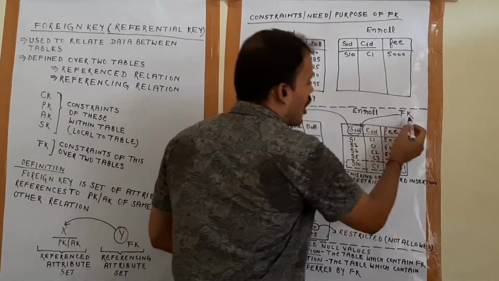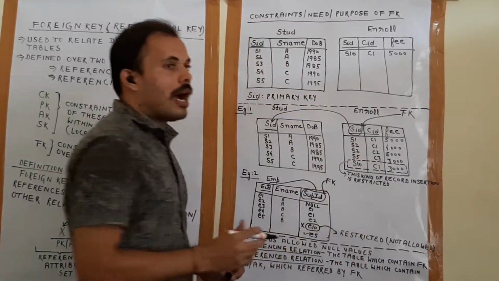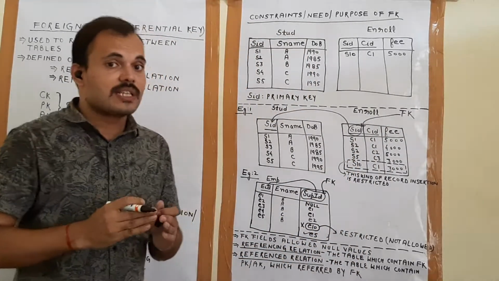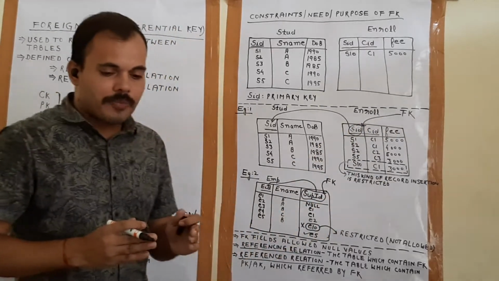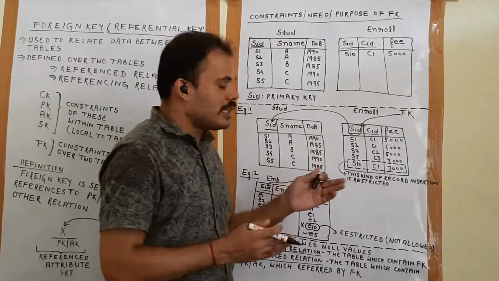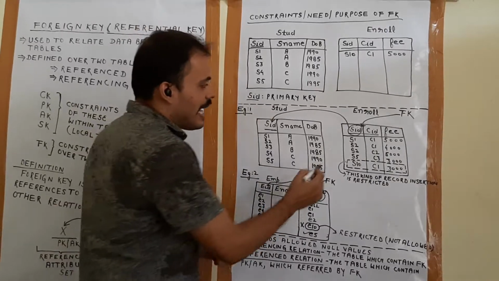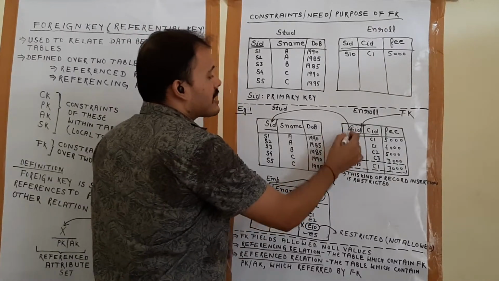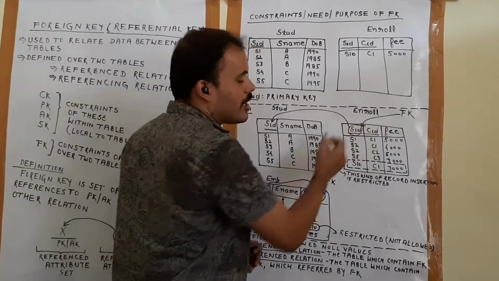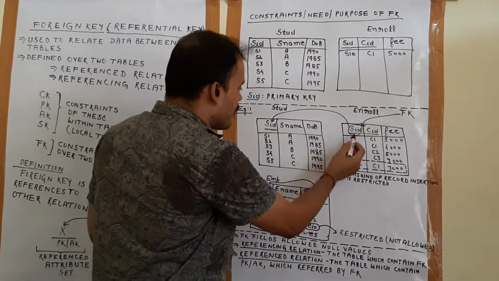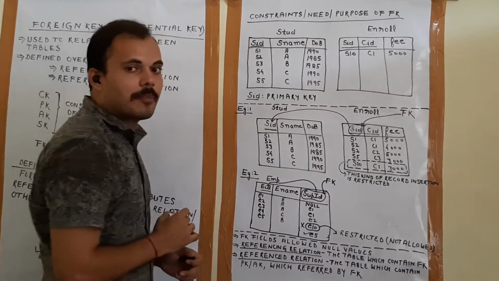SID is the foreign key, and what are the constraints? Foreign key means the restriction is that the SID stored in the enrollment table should belong to the student table.